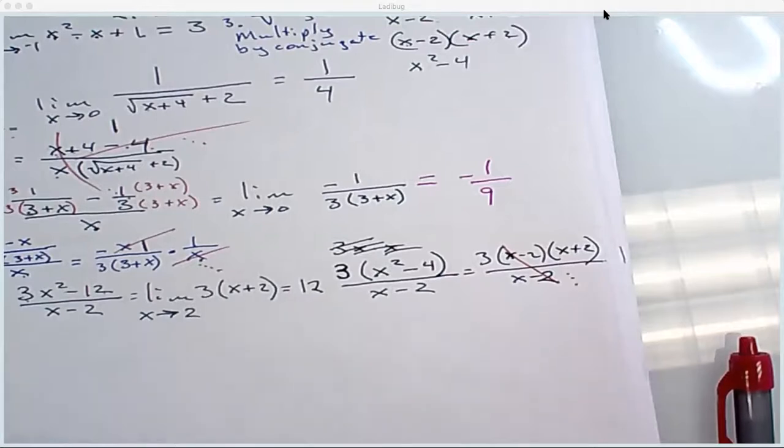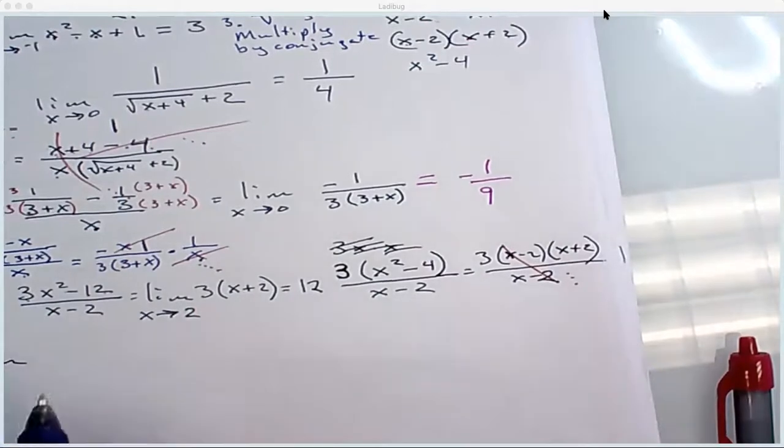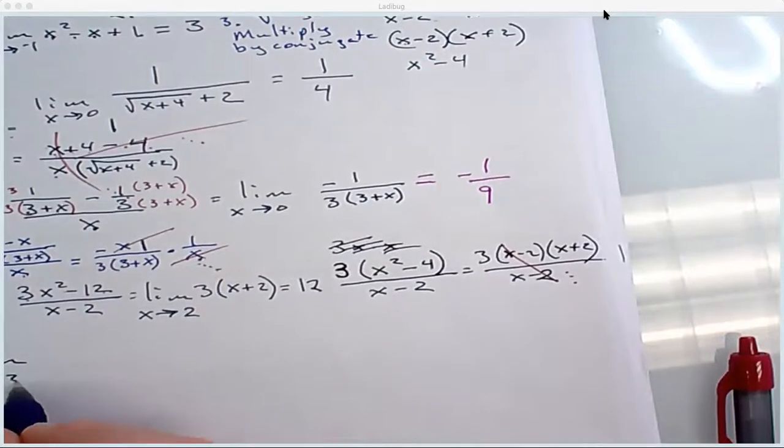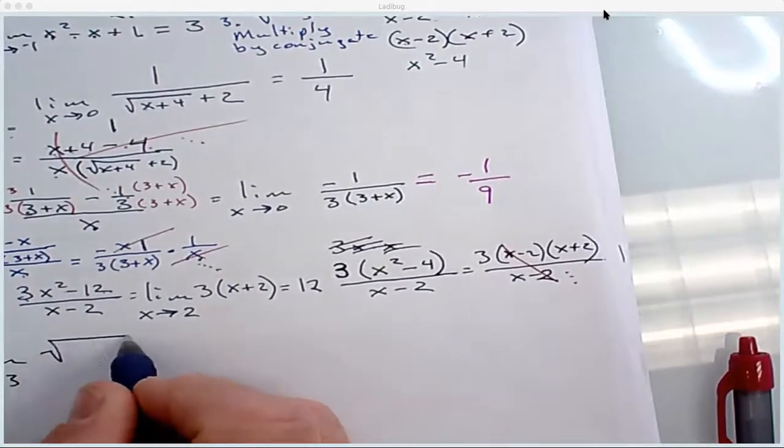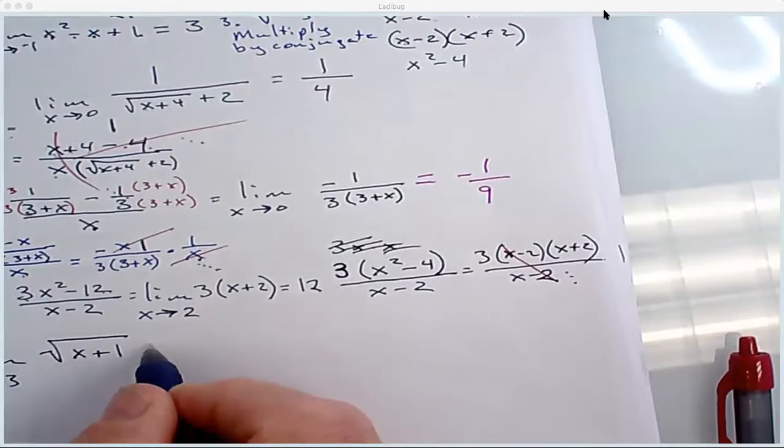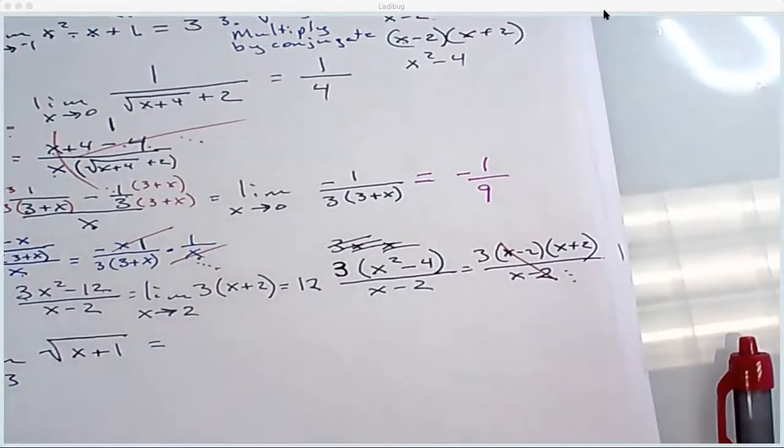Number 7. I got the limit as x approaches 3 of the square root of x plus 1. Ari, what do you think I should do here? Yeah, I'm not going to multiply by a conjugate.